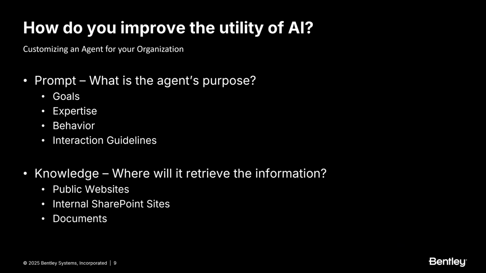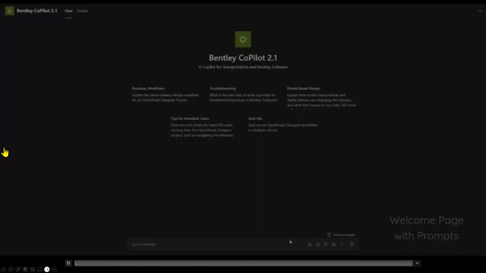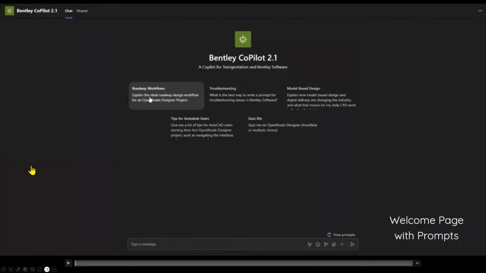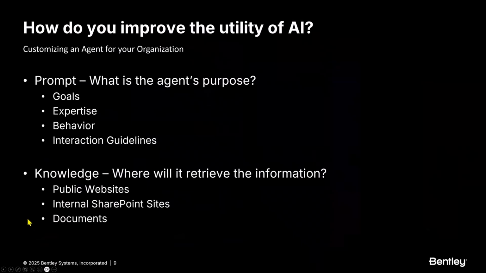This is your ability to distill down from the broader internet what specific websites and knowledge areas you want the AI to use for its information. And this also allows you to cite specific things like internal documents and SharePoint documents.